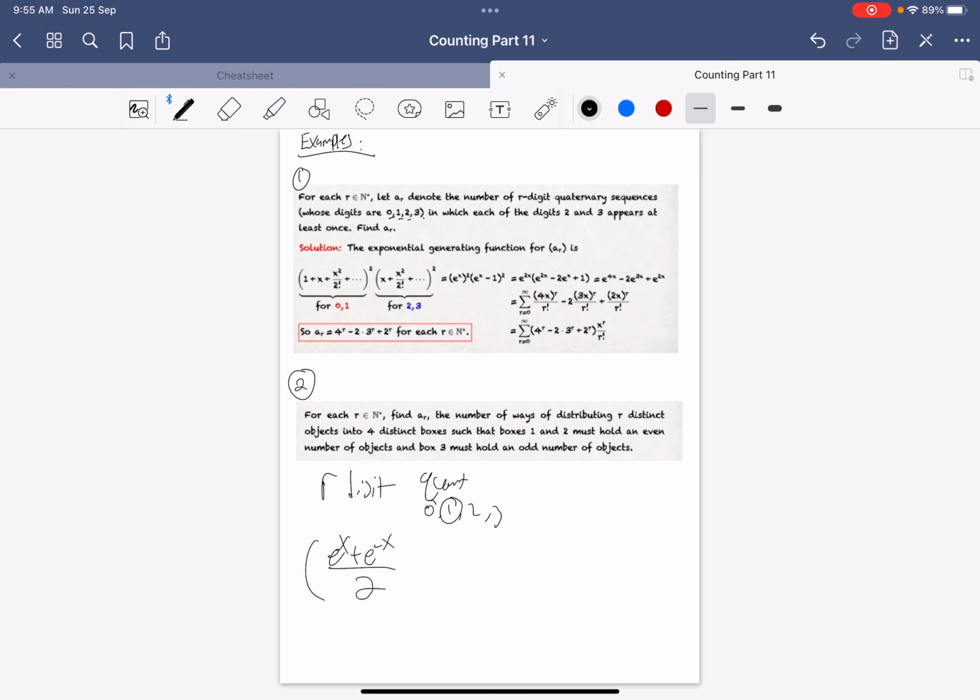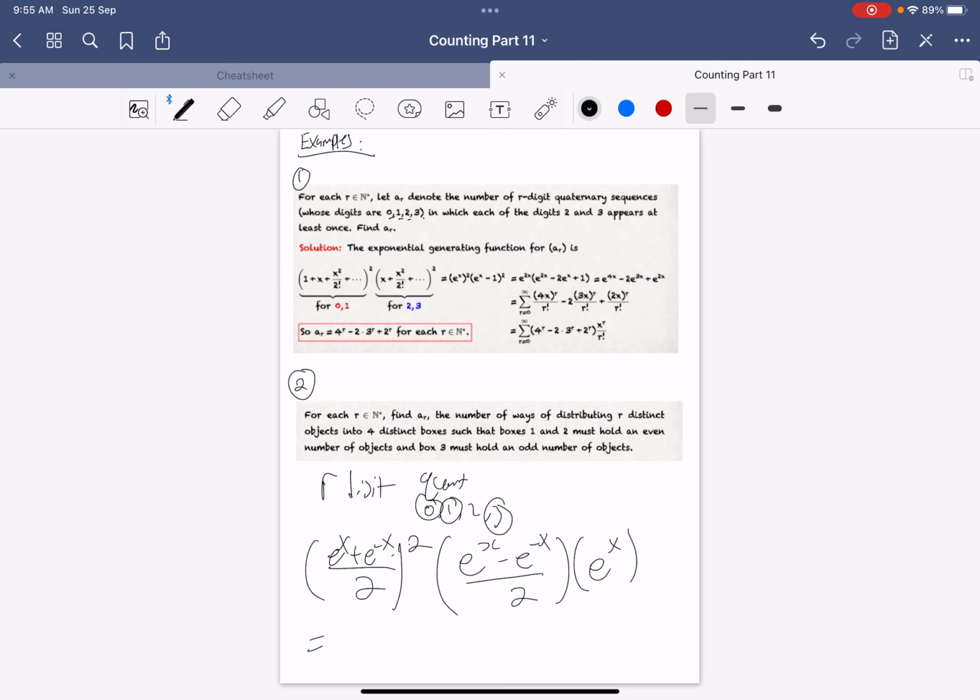And then box 2 must also hold an even number, so that's squared. But box 3 must hold an odd number, so the digit 3 holds an odd number. And lastly, the 0th digit can hold any number, so that's e to the power x.